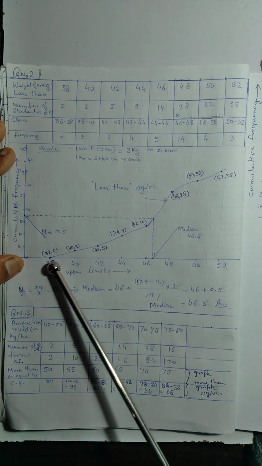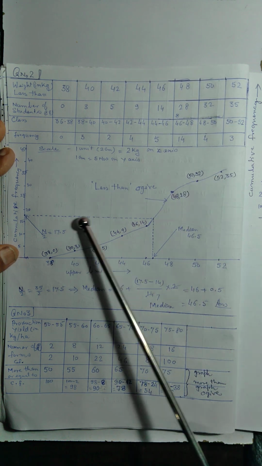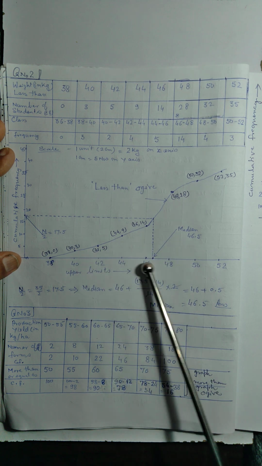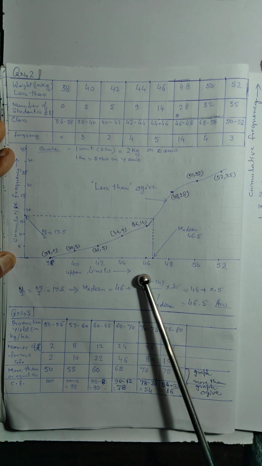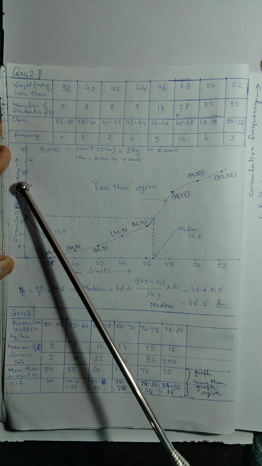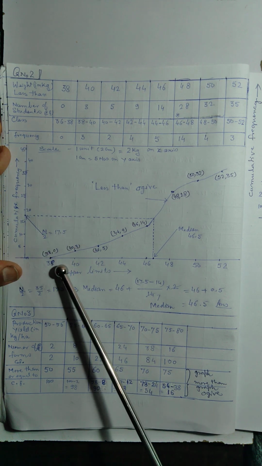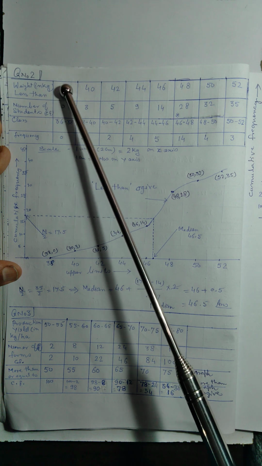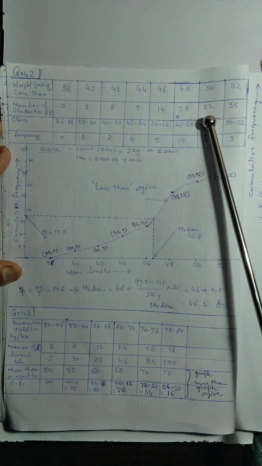In this way I have plotted these points, with the upper limit along the x-axis and cumulative frequency along the y-axis. These are the set of points.